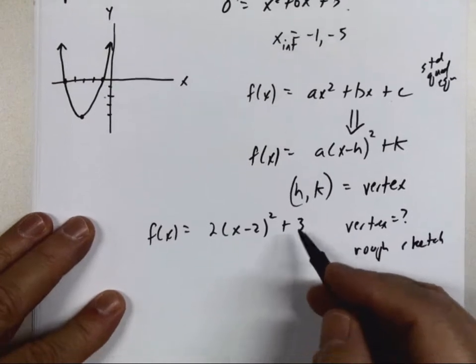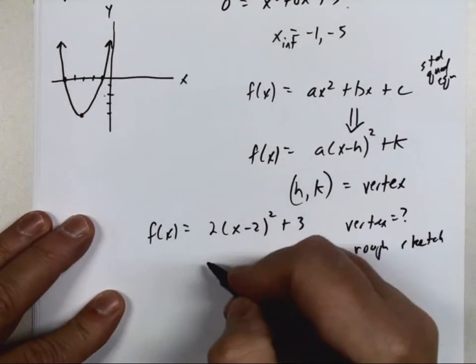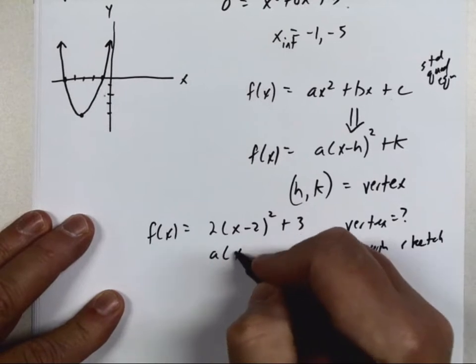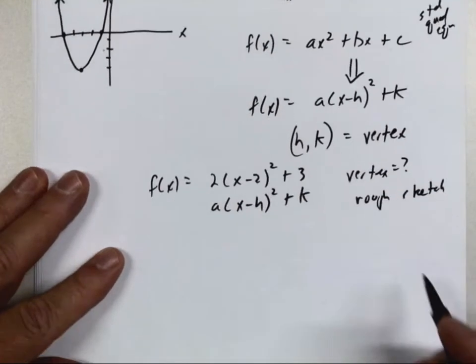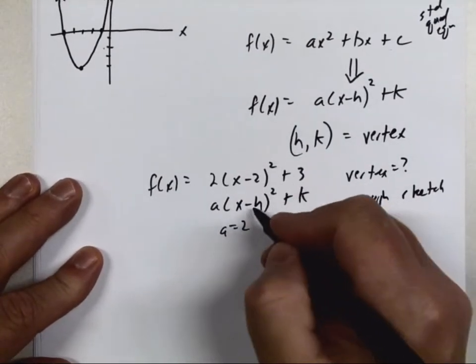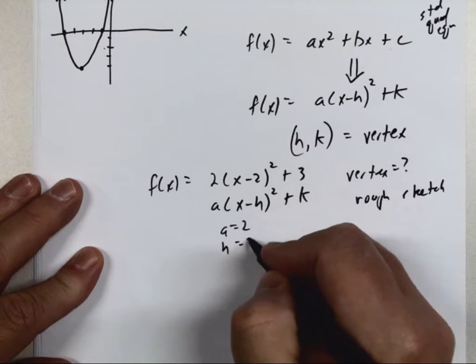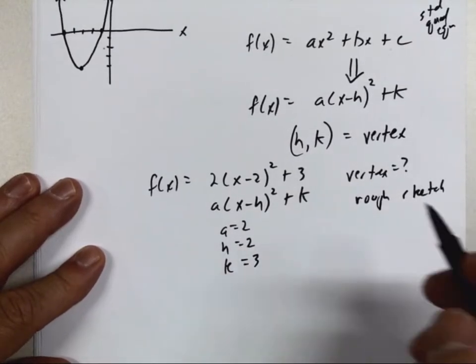Actually, it's very simple, because if I compare this to this equation, I'll write it right beneath here to make it very clear. I notice my a is 2, my h is 2, my k is 3.